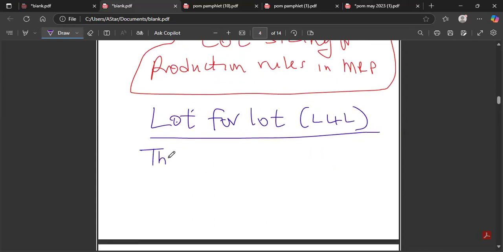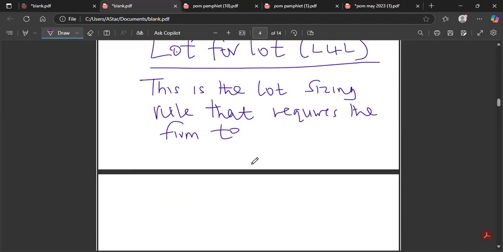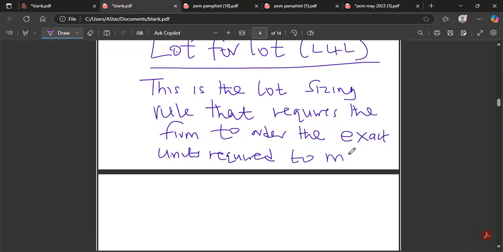So this is the lot sizing rule that requires the firm to order the exact units required to meet demand. Okay.